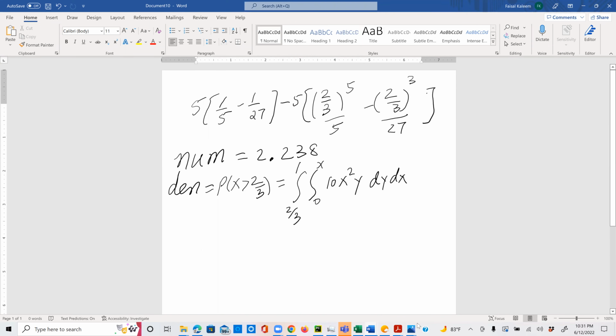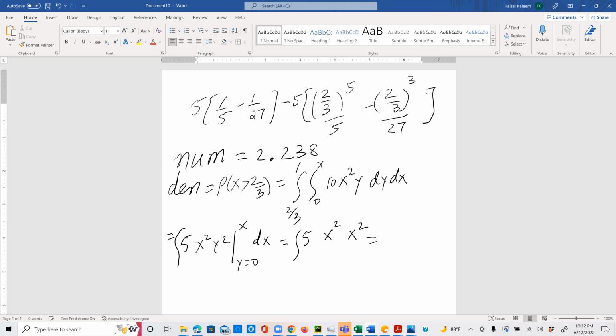And so this would again be 5x squared y squared, and y goes from 0 to x. So 5 x squared, because y is x on the top bound and the bottom is just 0.